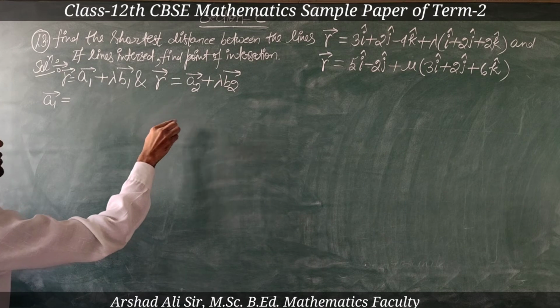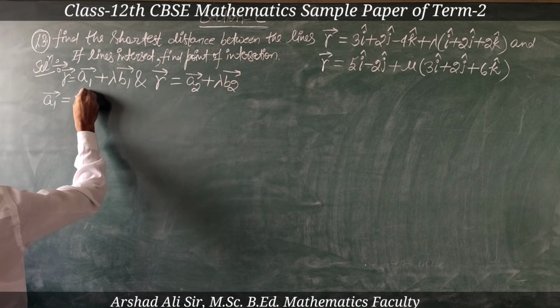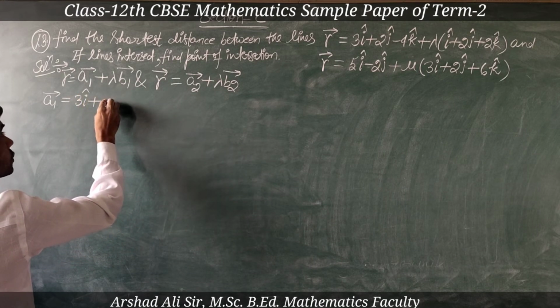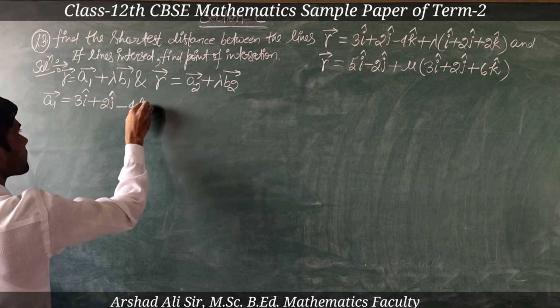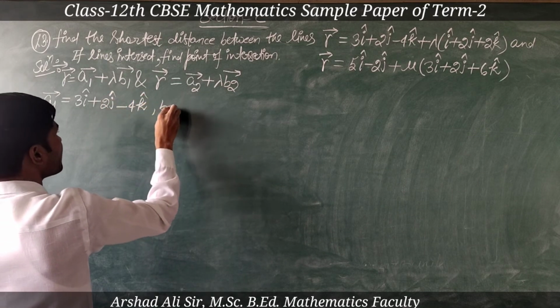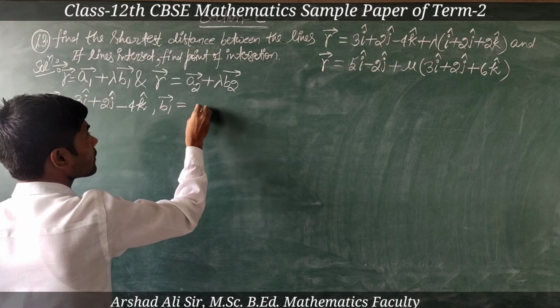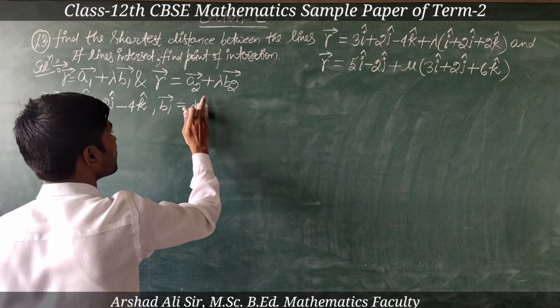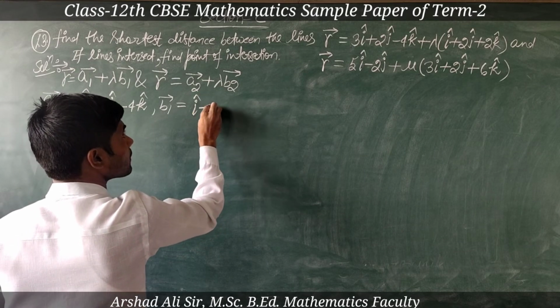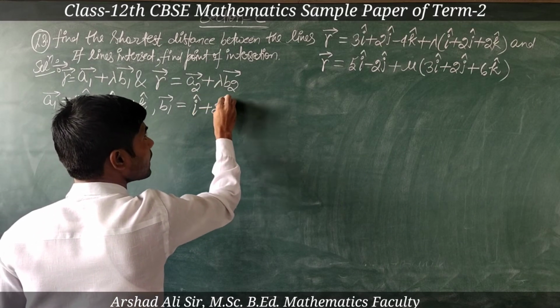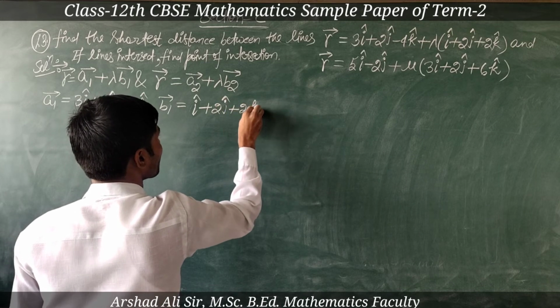3i cap plus 2j cap minus 4k cap. B1 vector is equal to i cap plus 2j cap plus 2k cap. Okay.